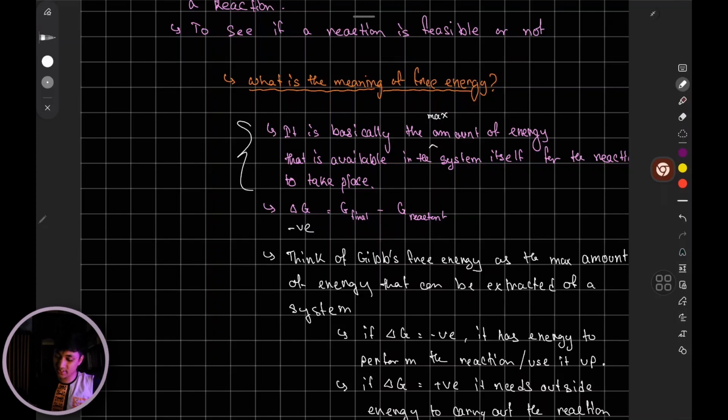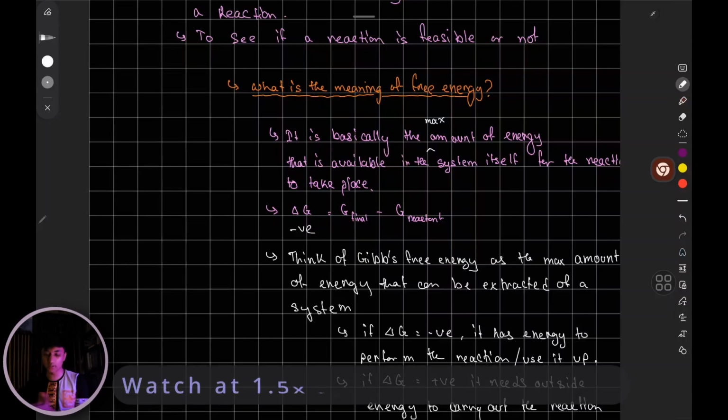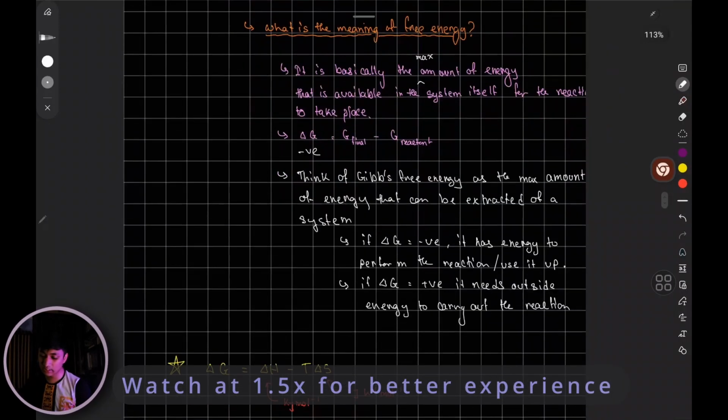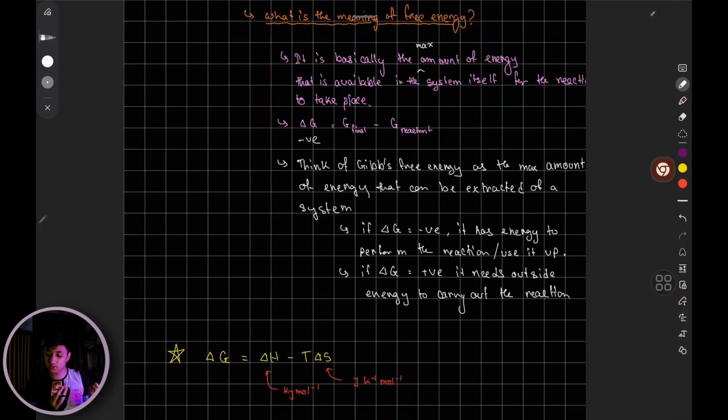So Gibbs free energy is the energy of the system that is available to do useful work, to convert into the products. When the Gibbs free energy is negative, that means the reaction is going to take place. If the Gibbs free energy is positive, the energy is not enough to carry out the reaction.